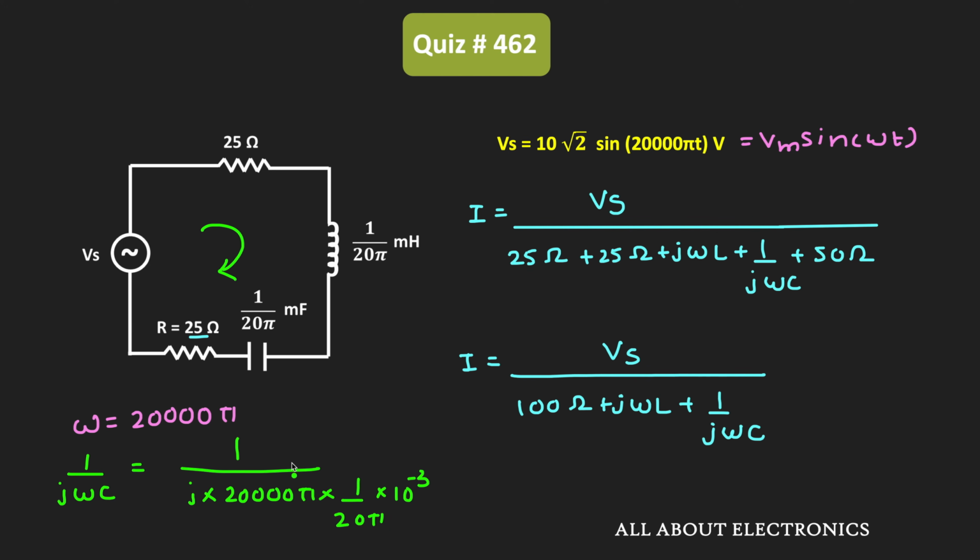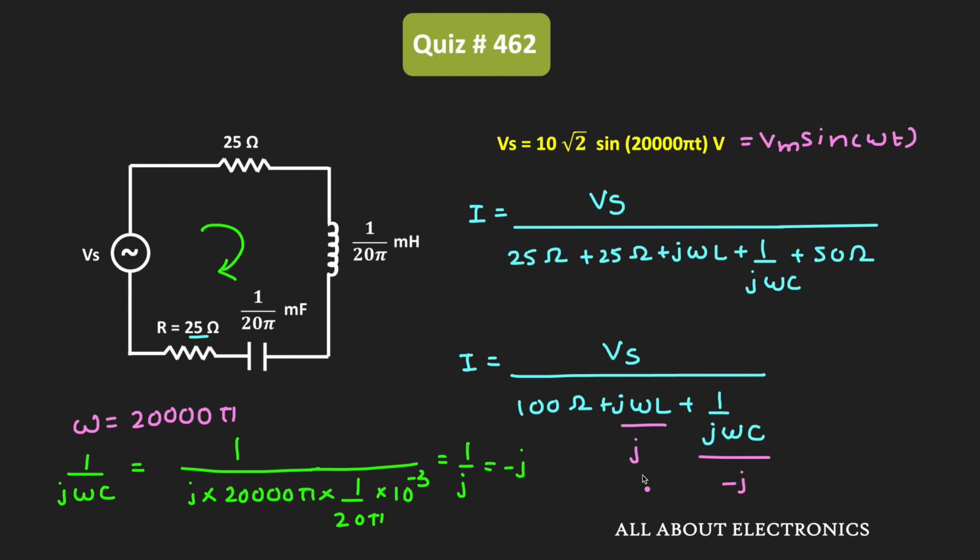Once again, if you calculate this value, then it will come out as 1 divided by j, or that is equivalent to minus j. So from this we can say that here this 1 divided by j omega C is equal to minus j. In this way, this j omega L is equivalent to j, while this 1 divided by j omega C is equivalent to minus j.